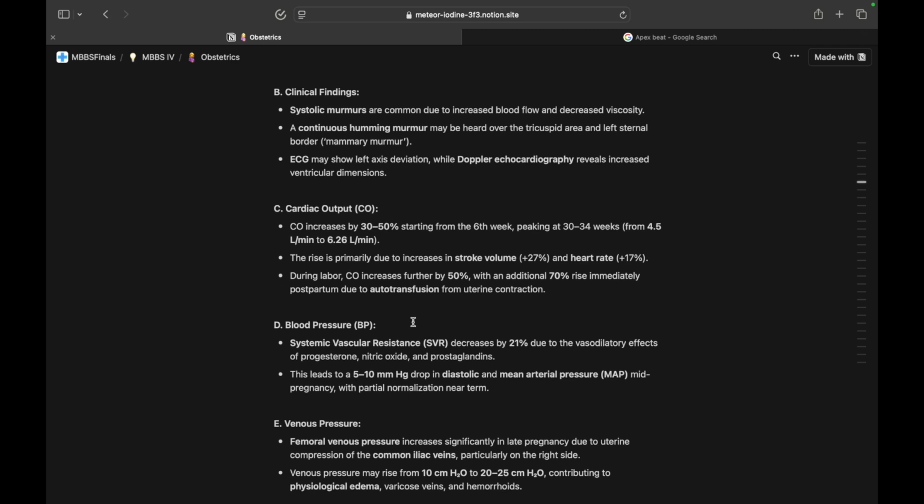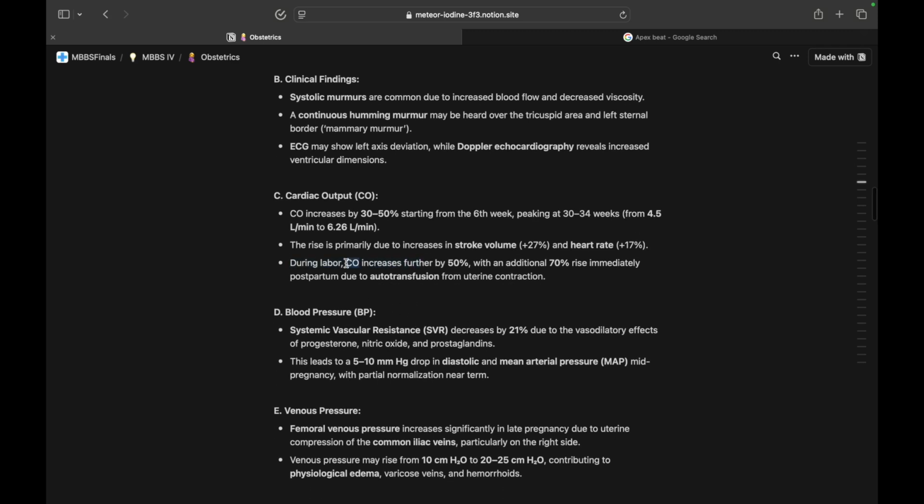Next, coming to cardiac output during labor. We missed this point, sorry. The rise is primarily due to an increase in stroke volume, 27%, and heart rate, which is 17%. Stroke volume is 27, heart rate 17. During labor, cardiac output further increases by 50%. So cardiac output initially was 30 to 50%, and now it is 50% more, with an additional 70% immediately postpartum due to autotransfusion from uterine contraction.